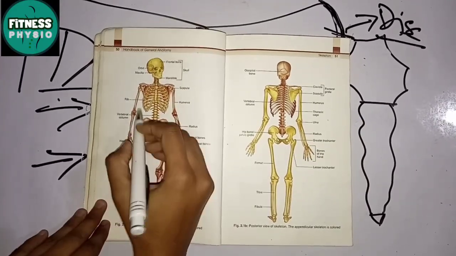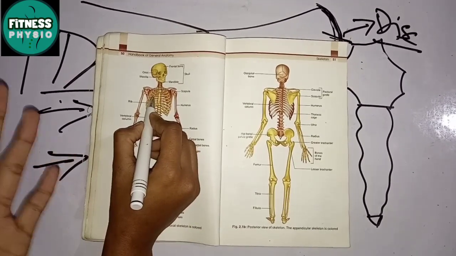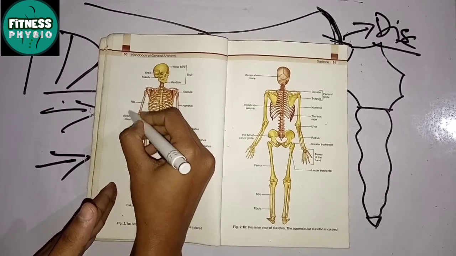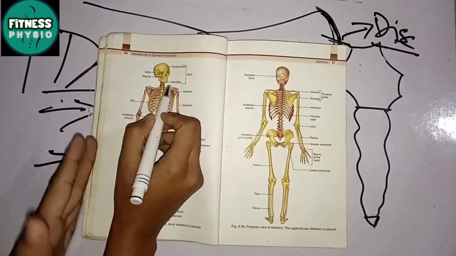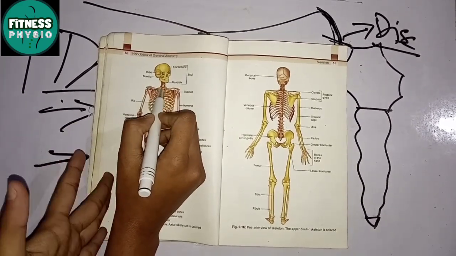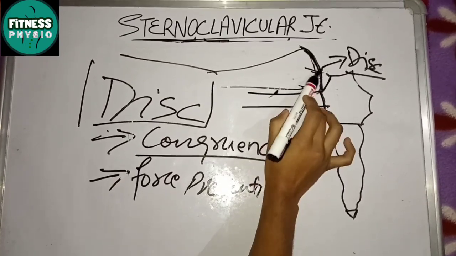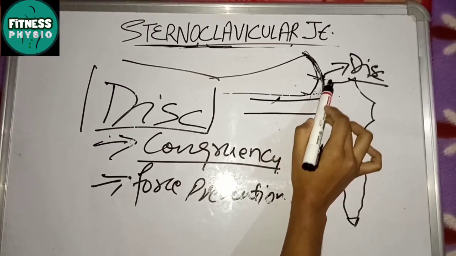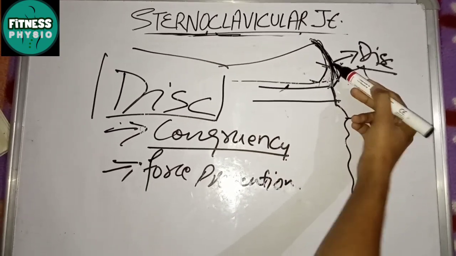The force will transmit from here to your axial body. It might also be possible that your clavicle, because of the force coming from your lateral side to your medial side, might get a chance to dislocate medially. So there is a disc which prevents clavicle translation or clavicle dislocation. If you see the disc, which is a fibrocartilaginous structure, it is dividing your joint space into two parts.